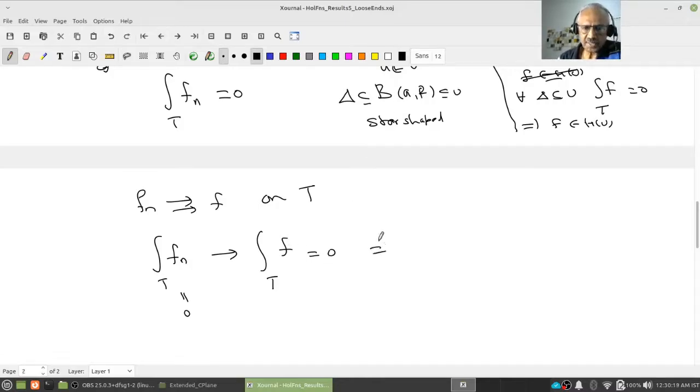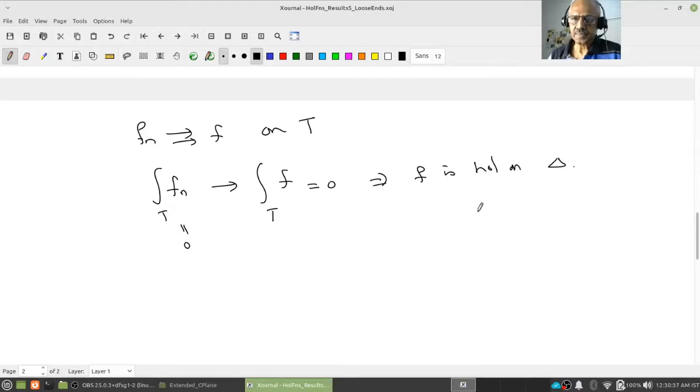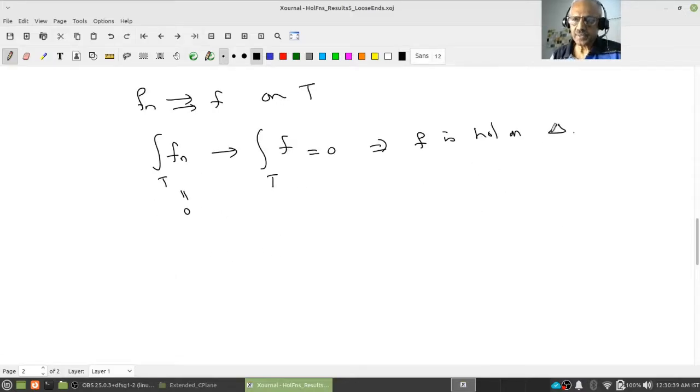Therefore, by Weierstrass theorem, I know F is holomorphic on where? On delta. You understand that? Holomorphic at least on the interior of delta. Okay, so sorry, F is holomorphic on the ball B(A,R). I'm sorry, I got carried away.